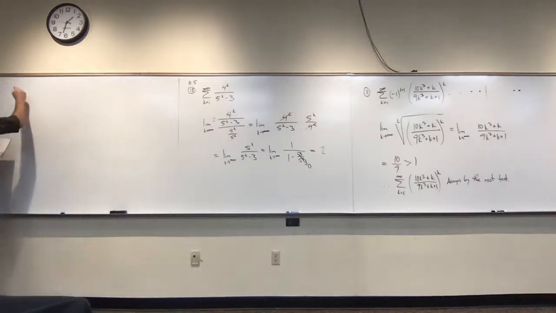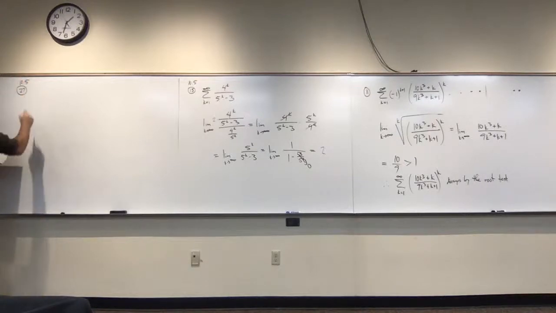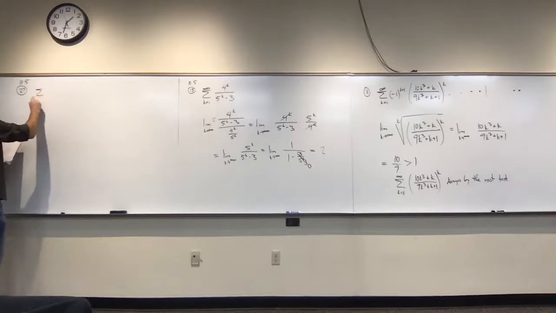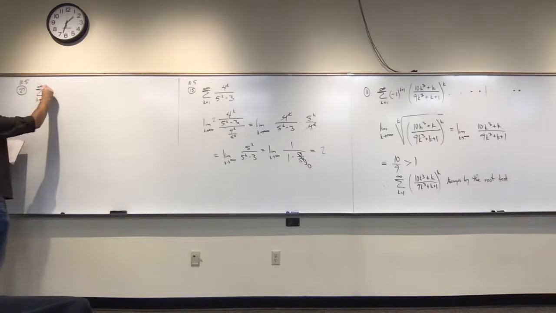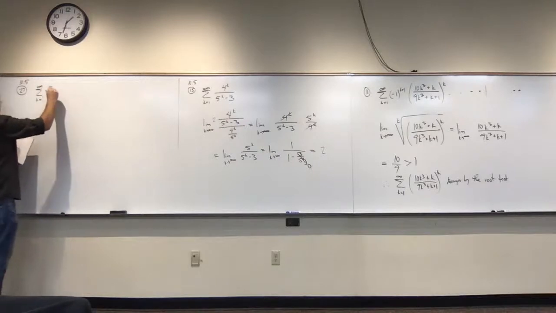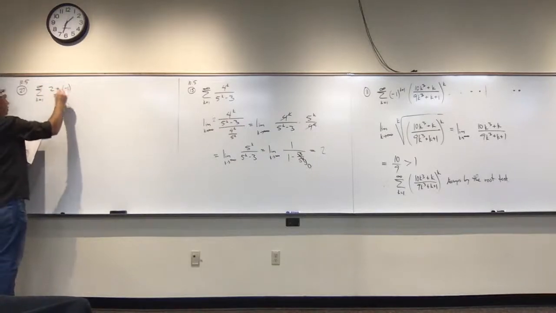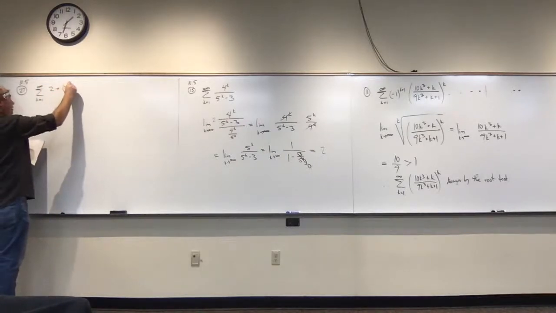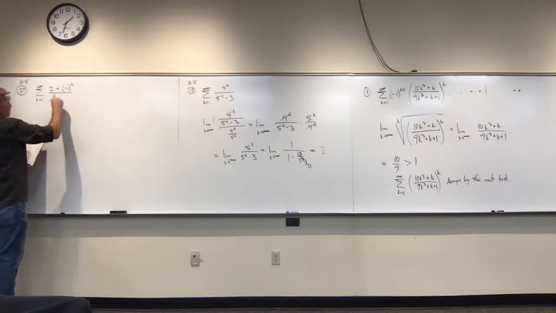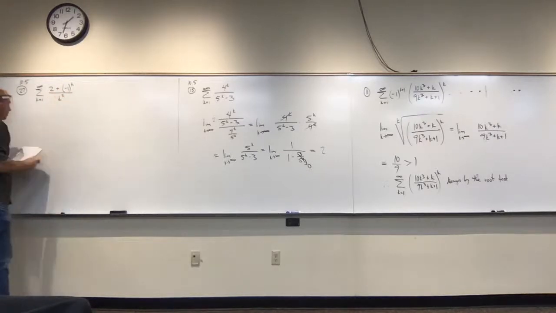Yeah. Okay, 27 on 10.5 says the sum k going from 1 to infinity of 2 plus -1 to the k divided by k squared.